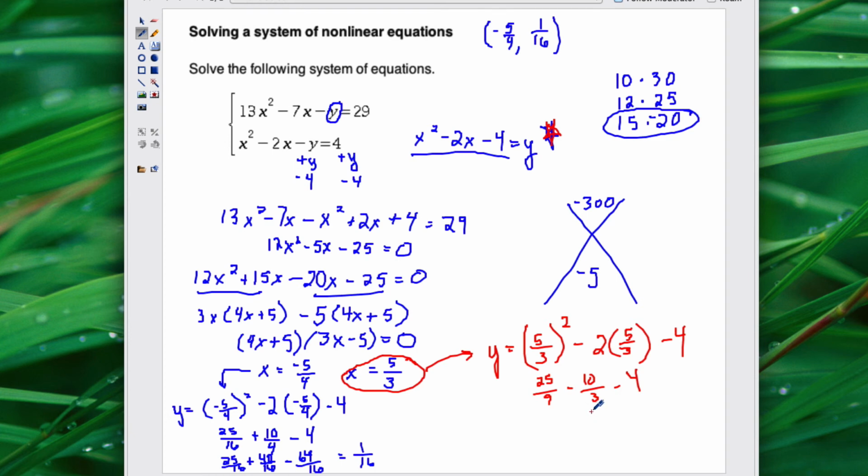So this is going to give me 25/9 minus 30/9 minus 36/9. So 25 minus 30 minus 36 gives me a negative 41 over 9, and so this is my second solution. When x is 5/3, y is a negative 41 over 9.